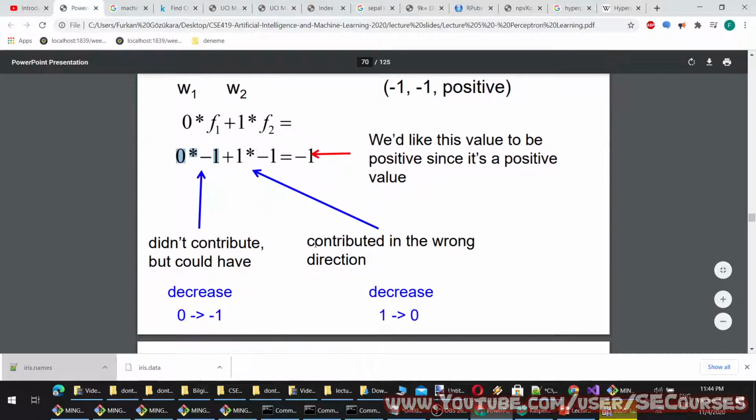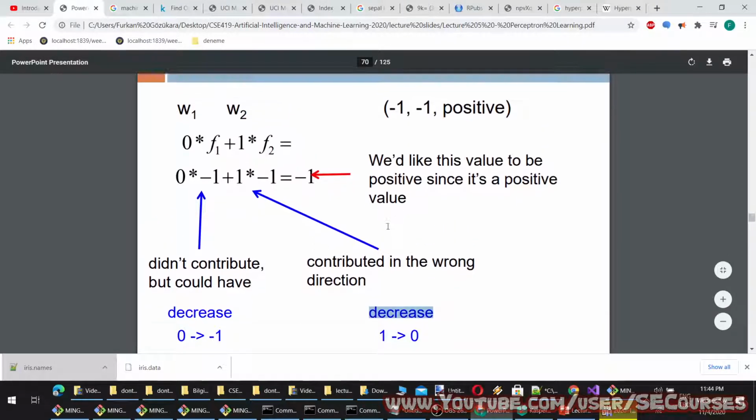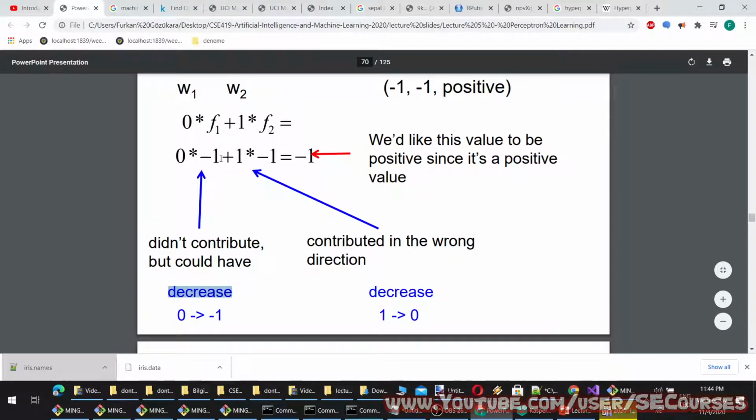Okay, and this contributed in the negative way, so we decrease it again. Okay, when we decrease this it contributes in the positive way, and then we decrease this, it doesn't contribute in the negative way, in the wrong direction.